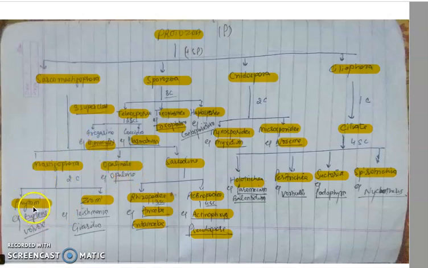Mastigophora has two classes, Phytomastigophora and Zoomastigophora. Sporozoa has three classes, Telosporea, Toxoplasmea and Haplosporea. Cnidospora has two classes, Myxosporidia and Microsporidia, and Ciliophora has only one class, Ciliata, which has further four subclasses, Holotrichia, Peritrichia, Suctoria and Spirotrichia. So this is all about the classification of protozoa.